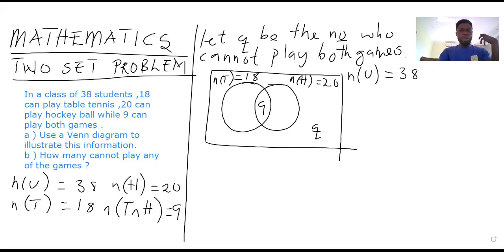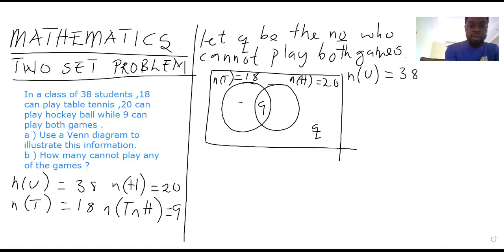Now, let's move on. Number of students who play table tennis only. When you subtract the intersection from 18, that gives us the number of students who play table tennis only.